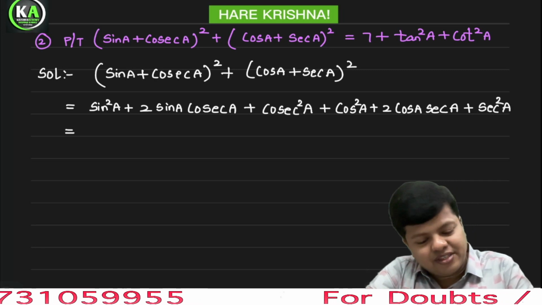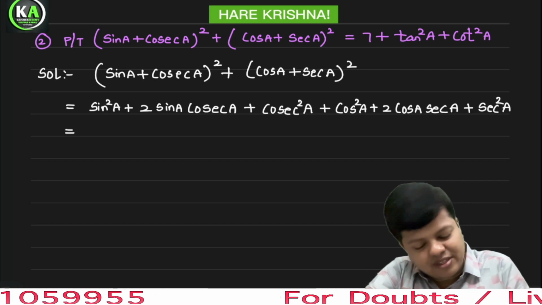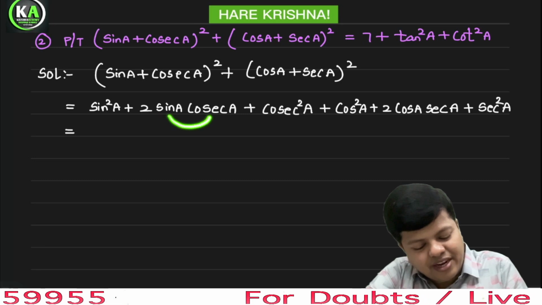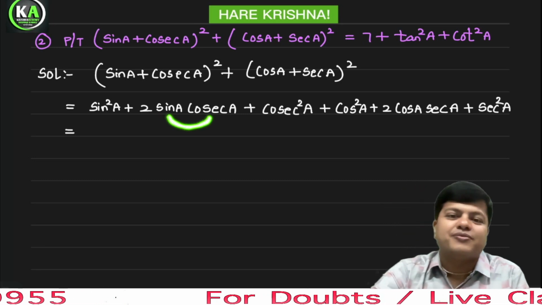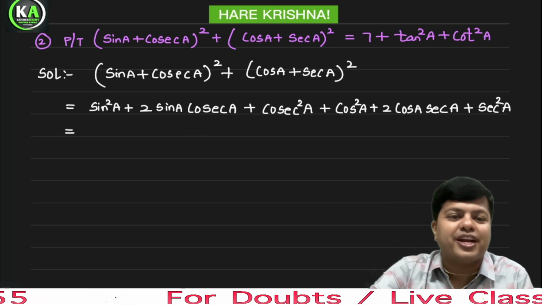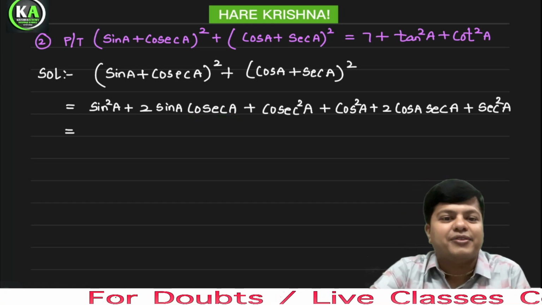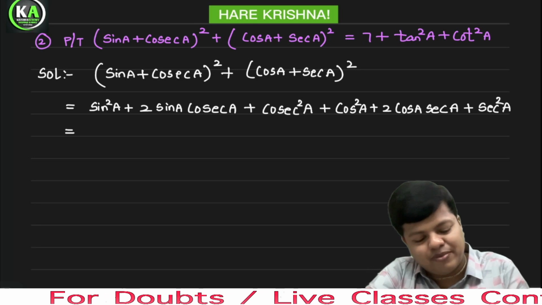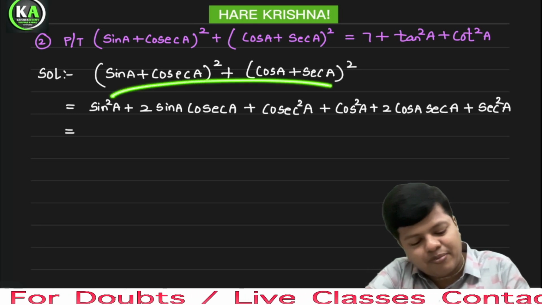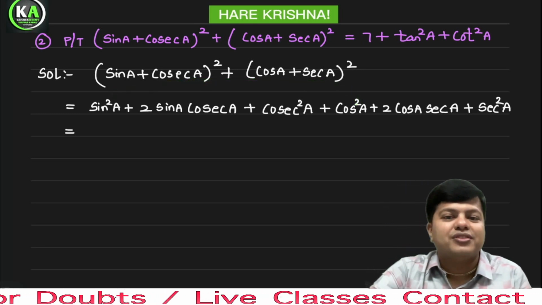Next, please see it here. Sin A into cosecant A is 1. Sir, how? Because cosecant A you can write as 1 by sin A. So we will do step by step. And sin square A plus cos square A is 1.